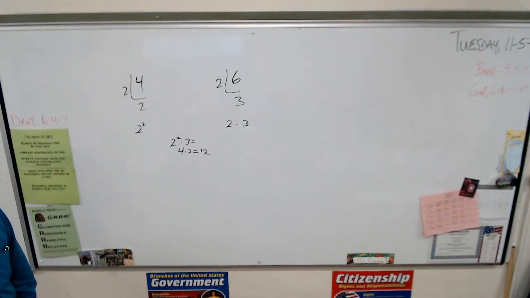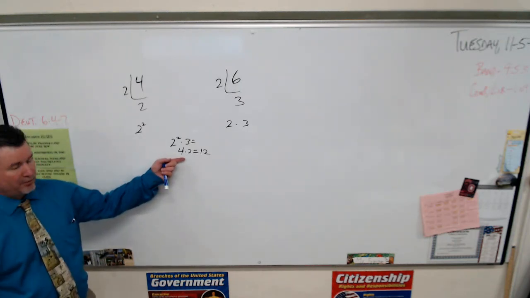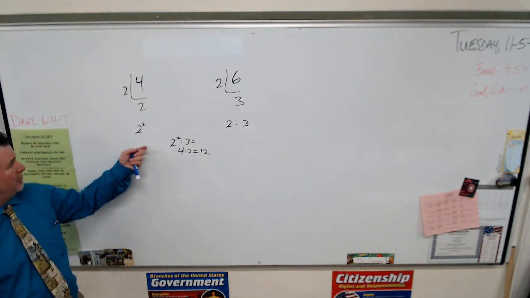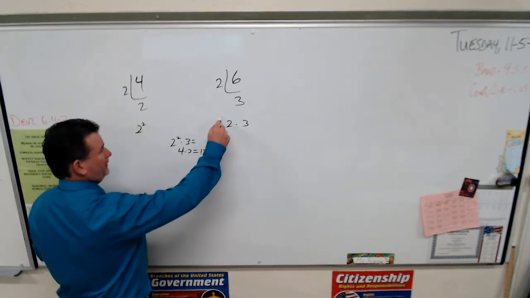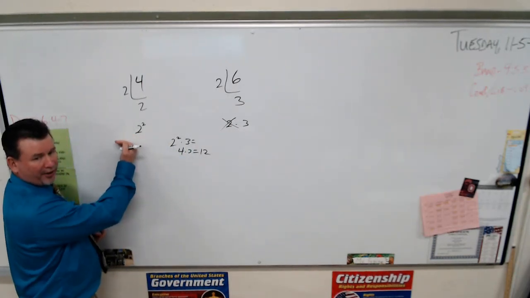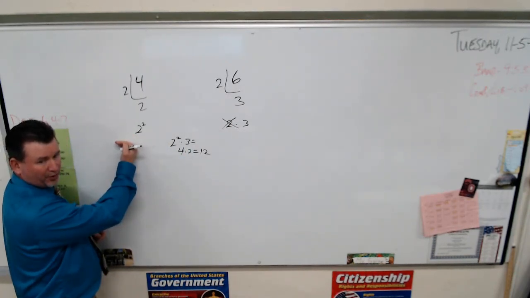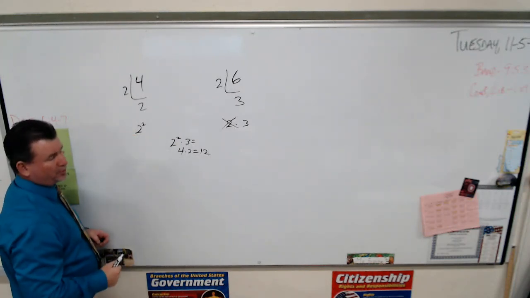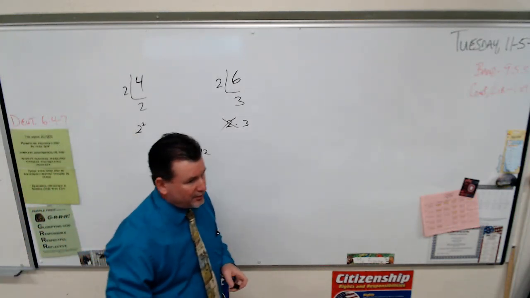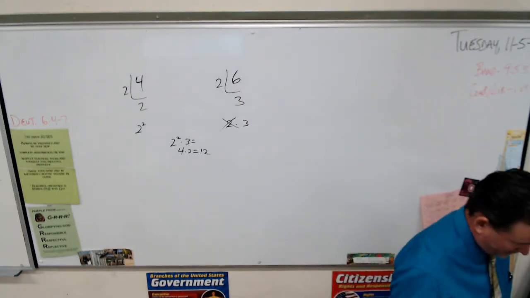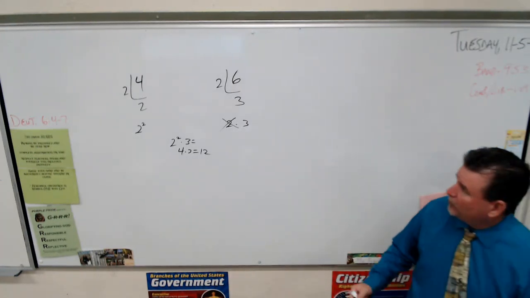You were able to easily look at 4 and 6 and say, oh, LCM is 12, right? I had to do the work. 6, 12, 4, 8, 12. 12. 2 squared. This guy's gone because there's a higher power here with the 2. So it's 2 squared times 3. Getting there? Number 9, 6 and 21.